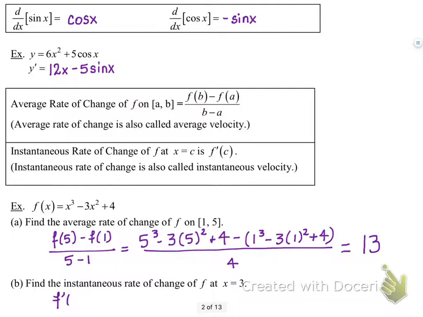F prime of x would be 3x squared minus 6x. And we are going to look specifically at f prime of 3, which would give us 27 minus 18, which is 9.